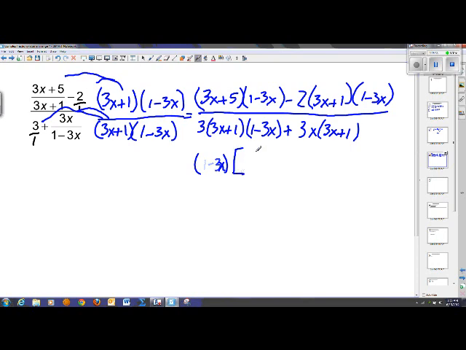And what I have left is a multiplication of 3x plus 5 times, after I pull out a 1 minus 3x in the second term, I have a 2 and a 3x plus 1 left.